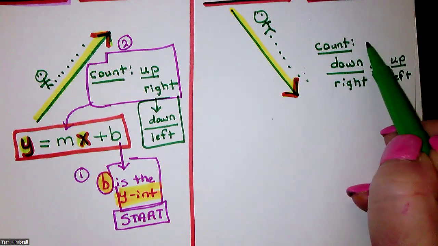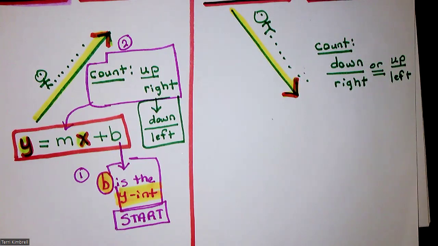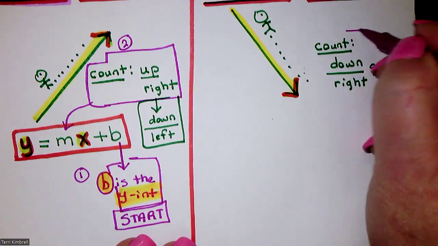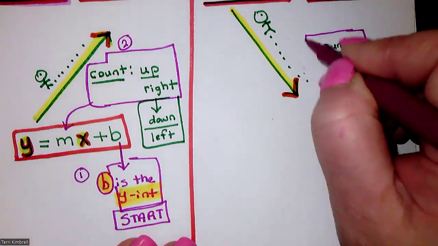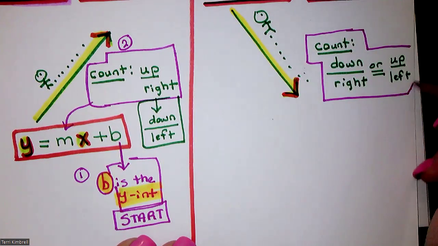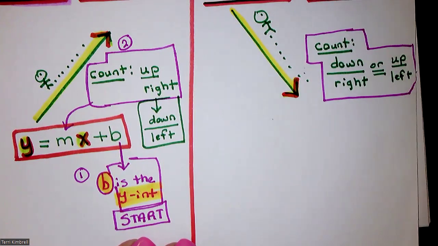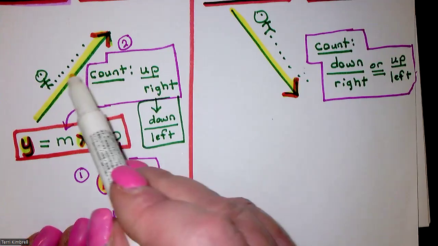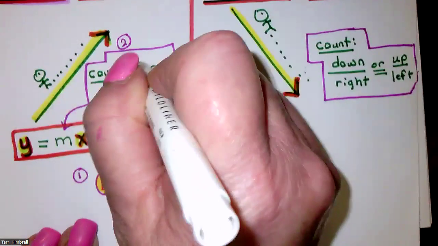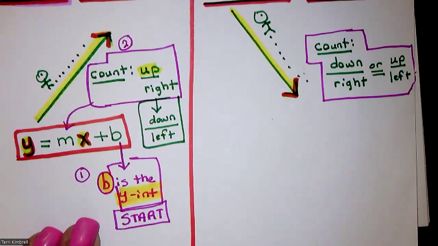I would probably write this on my paper when I do a quiz, just because it'll help you remember. So it would be good if you could kind of draw the line and remind yourself that since this is going up, it's positive, it's up and right.